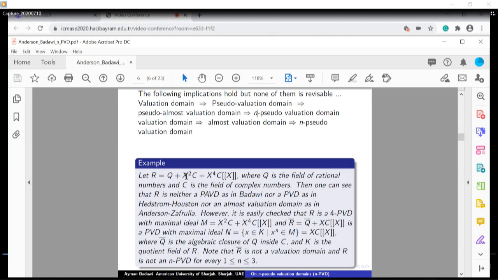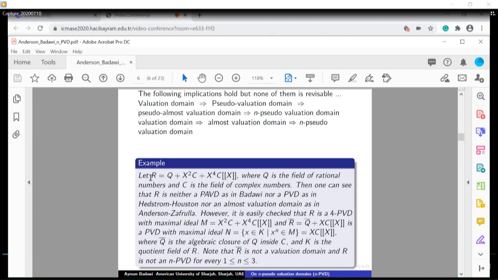Notice here the coefficient of x squared is in C, a complex number. And also observe that we don't have an x term and we don't have an x cubed term in this ring R. And then, these are things you check: this is not a pseudo almost valuation domain, is not a pseudo valuation domain, and definitely this is also not an almost valuation domain.